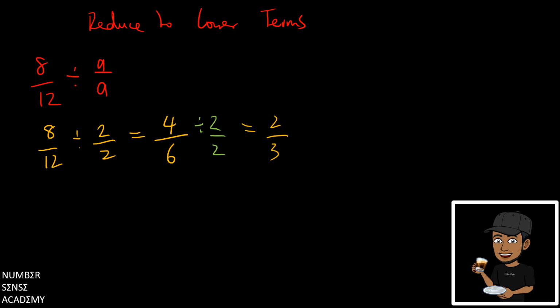All right, let's look at another example. So if I have 13 over 52, sorry, not 51, 52, let's write that properly. The only number that works to reduce these is 13.